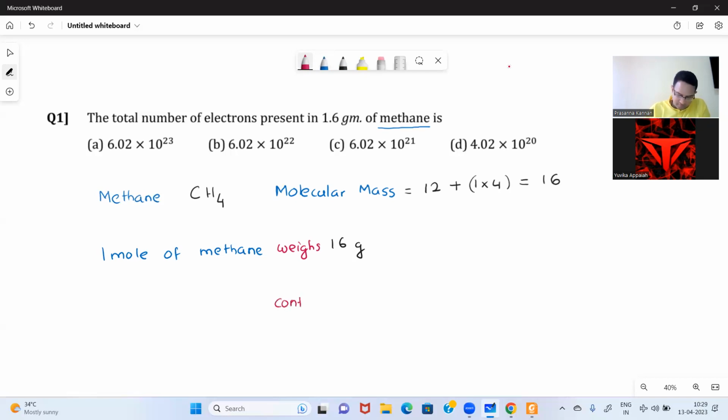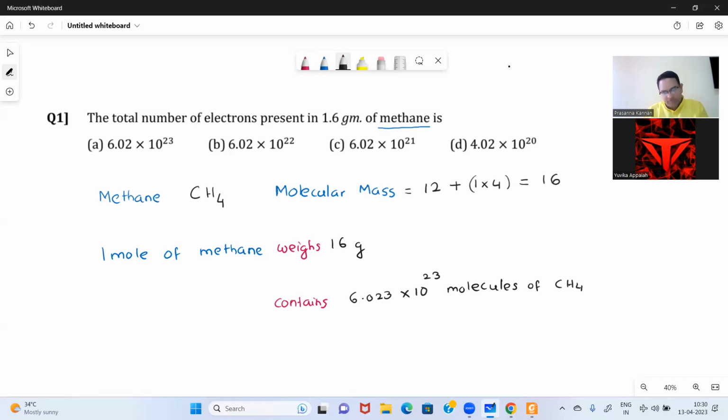So it contains 6.023 into 10 power 23 molecules of methane. Clear, Viveka? Yes. So this is the number of molecules.